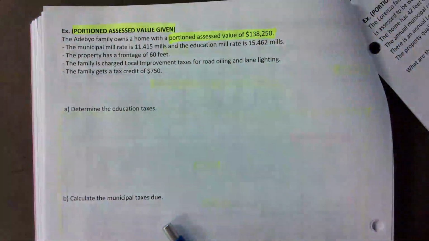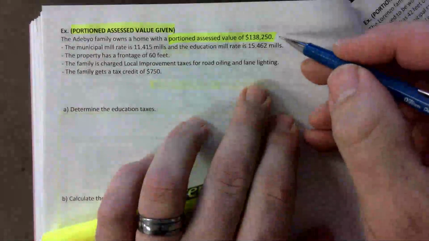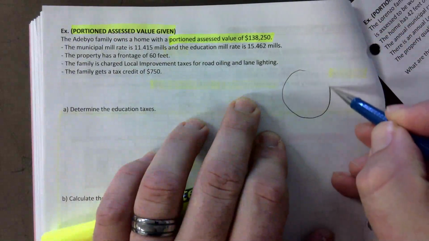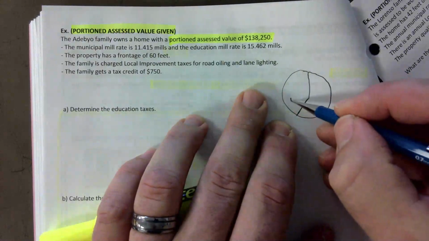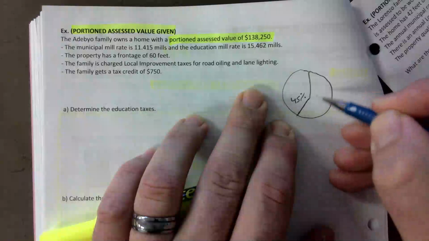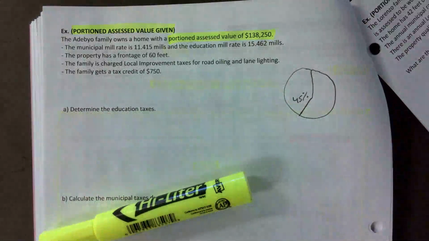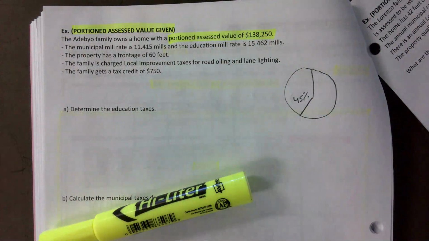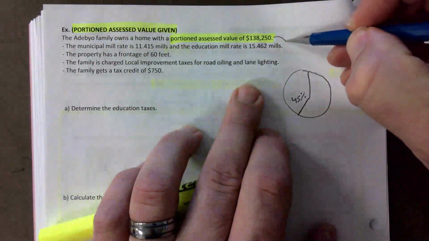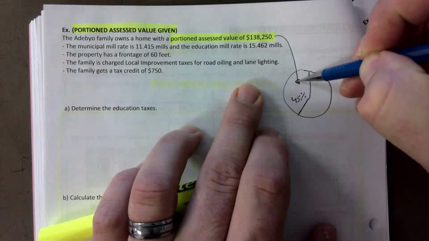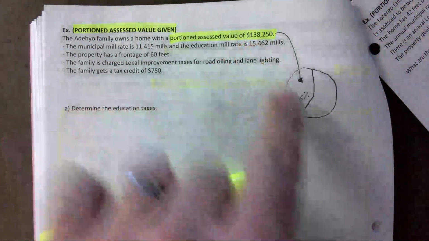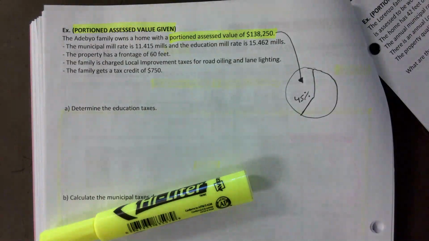And I will tell you that with this question, remember, you only get taxed on 45% of the property. Settle down. Okay. That's not me. Somebody rigged it. Okay. So we already know the portioned assessed value.